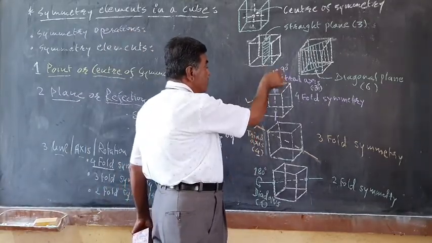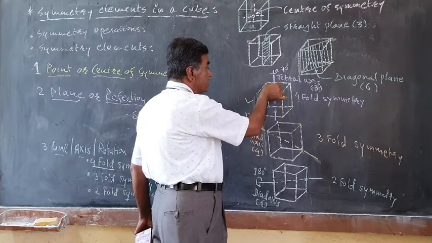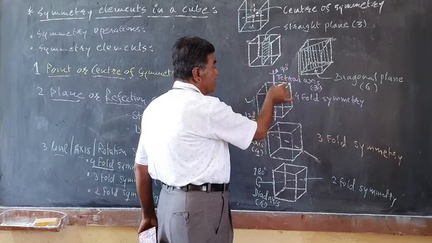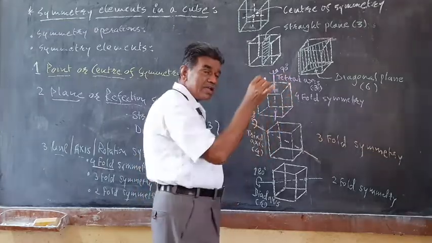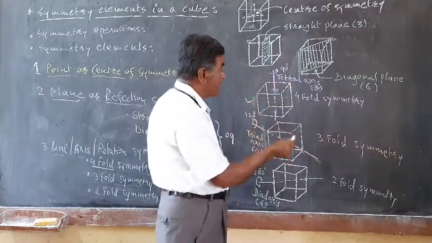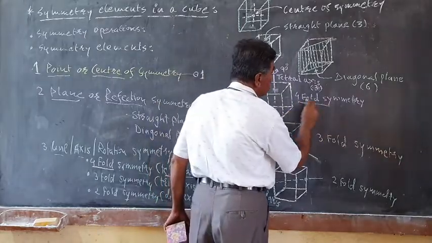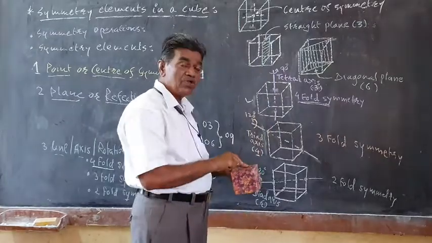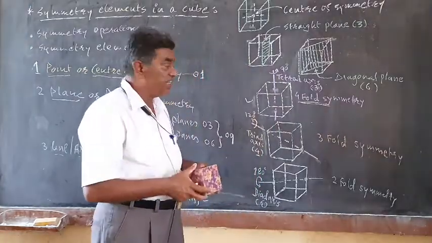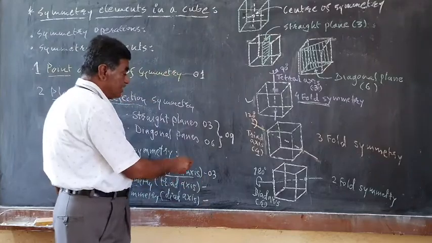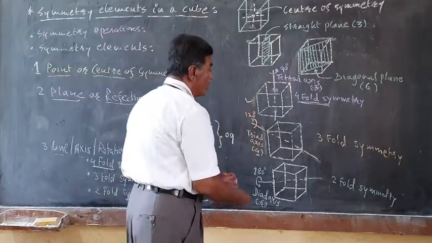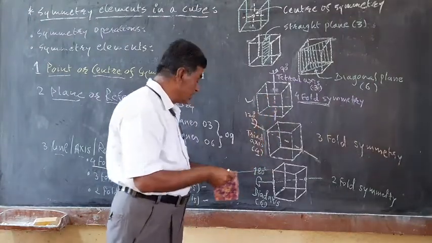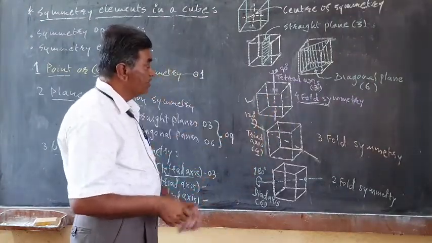This is the line passing through the midpoints of the opposite faces, and the crystal is rotated through 90 degrees. We get the same appearance 4 times, and this is known as fourfold symmetry. This is the tetrad axis. In the case of the cube, there exist 3 tetrad axes. Only one is shown, but you get one on this side, and this side also. So we get 3 tetrad axes in the case of the cube.